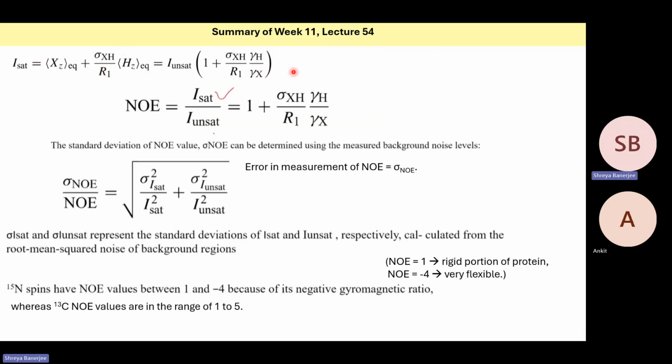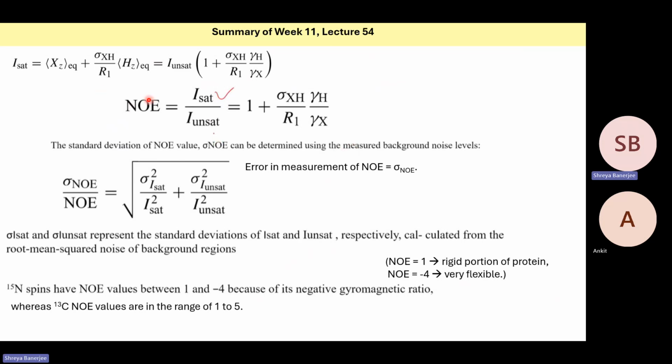So this is the formula we saw. The NOE is defined as the ratio of I saturation to I unsaturation. So you bring the unsaturation to this side. The ratio of the intensity of the saturated and unsaturated is 1 plus sigma xh by R1 times the gyromagnetic ratios of H and X.